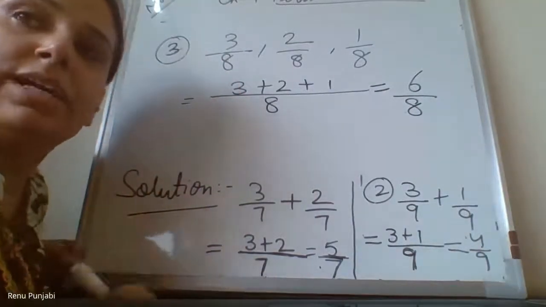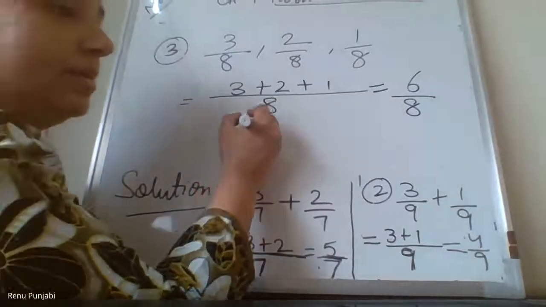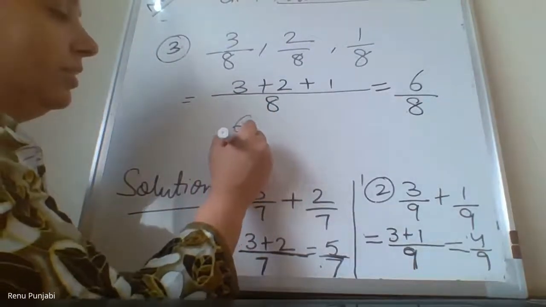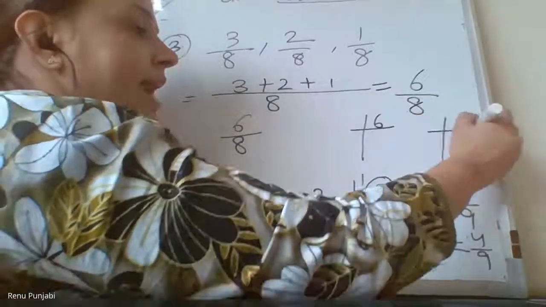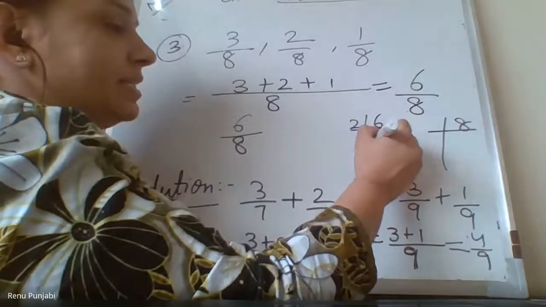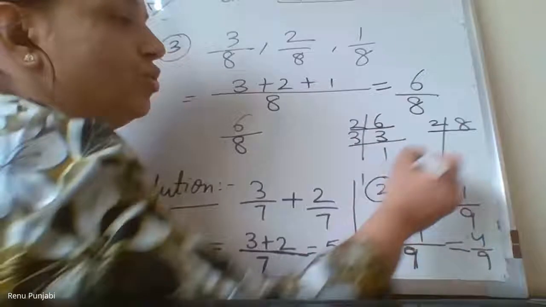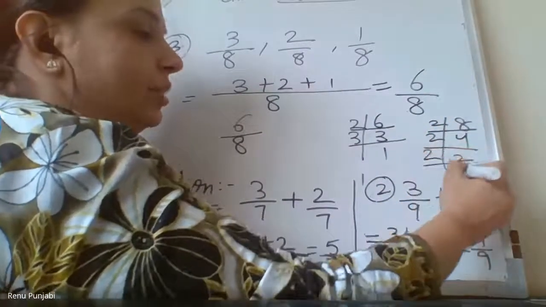We have learned how to reduce fractions. 6 upon 8. So we have to take the HCF of 6 and 8. 2 3s are 6, 3 1s are 3. 2 4s are 8, 2 2s are 4, 2 1s are 2.